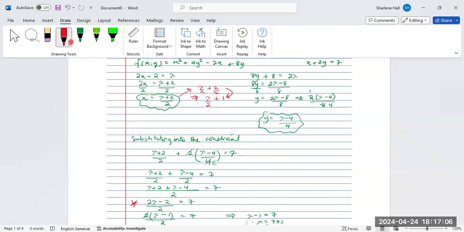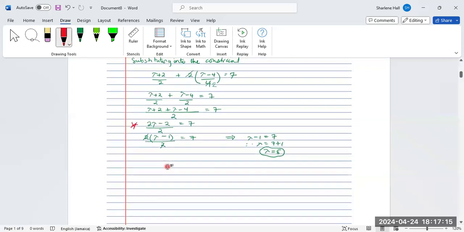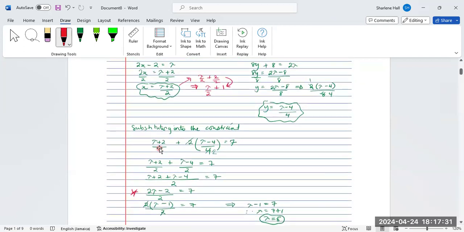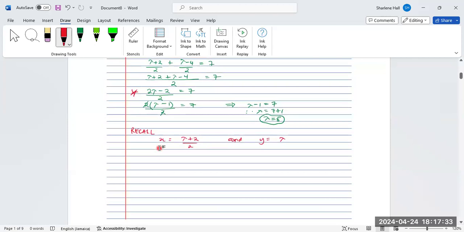Very nice. So now that I know that lambda is equal to 8, all I need to do is to substitute it back now into my x value in relation to lambda and my y value in relation to lambda. So recall, x is equal to (lambda + 2)/2, and y is equal to (lambda - 4)/4.